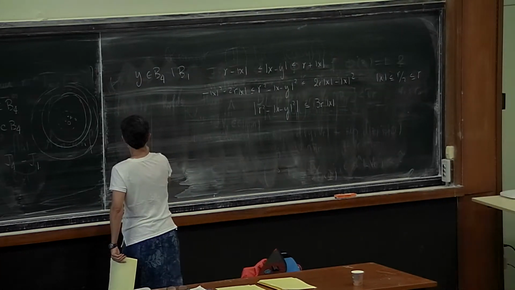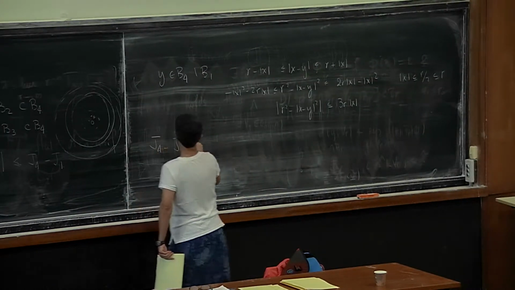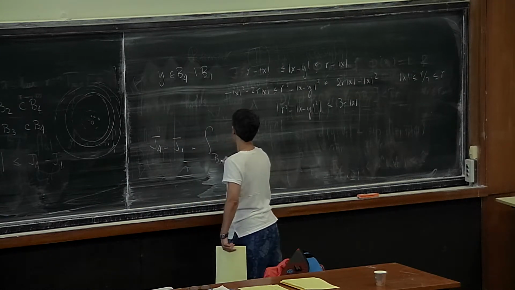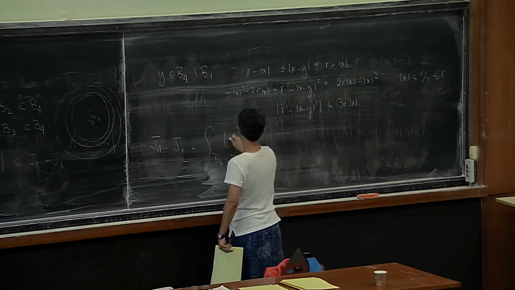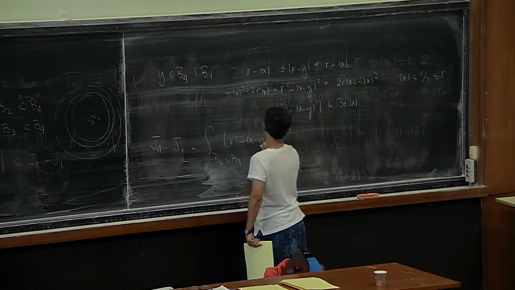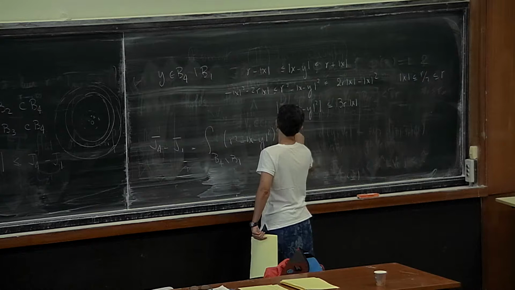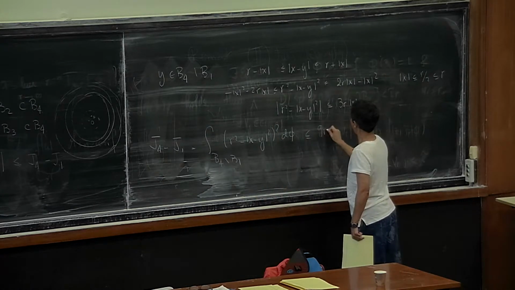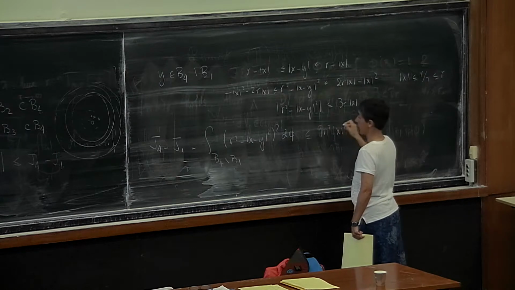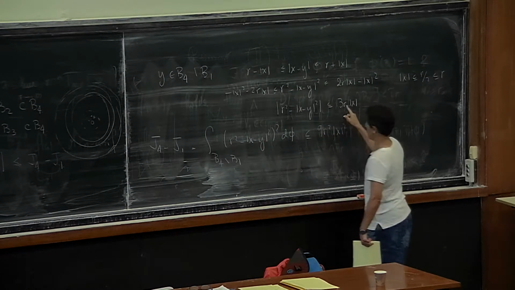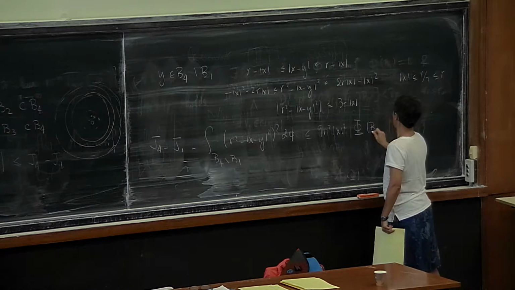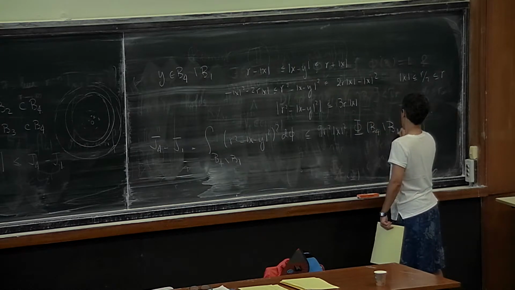Look, J4 minus J1, which is the integral over B4 minus B1 of the function r squared minus x minus y squared, squared, d phi. What this tells me is that it's less than 9r squared x squared, okay, because I have to square it, times phi of B4 minus B1.